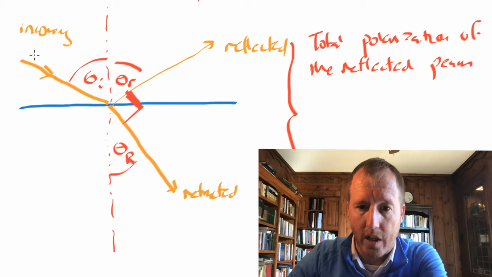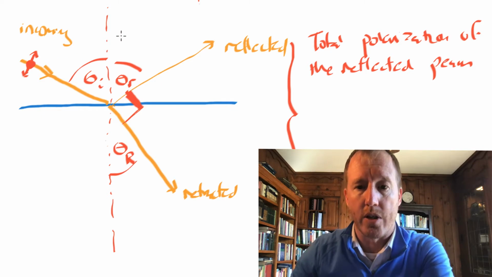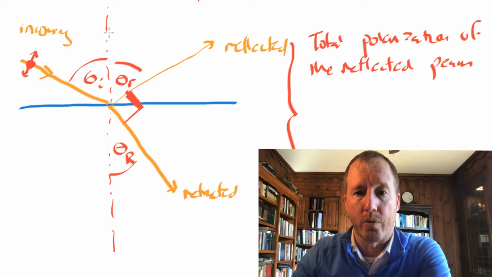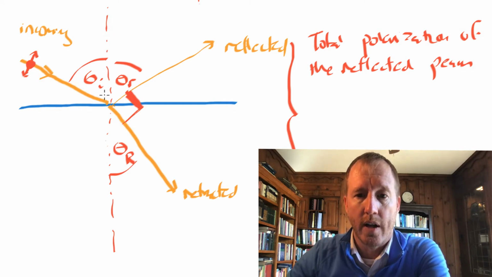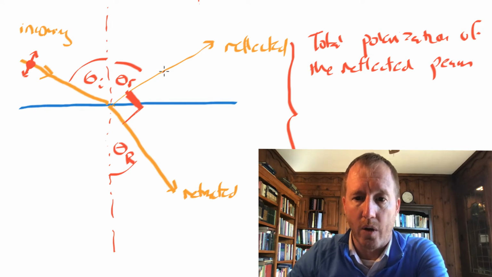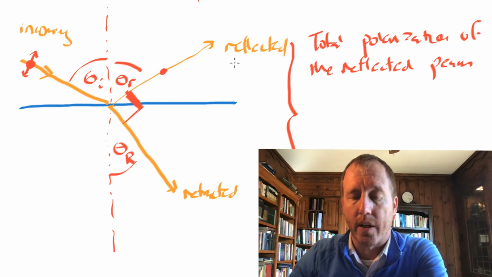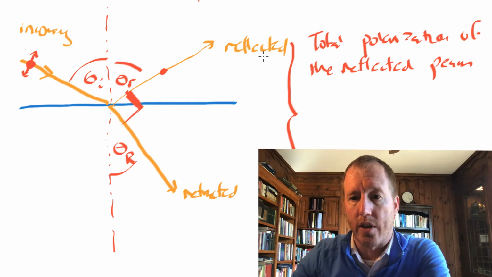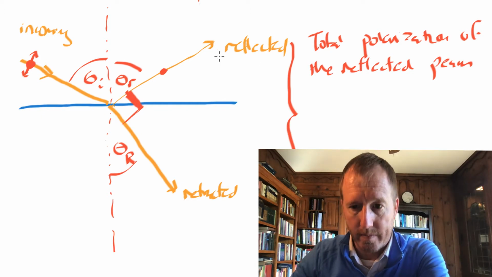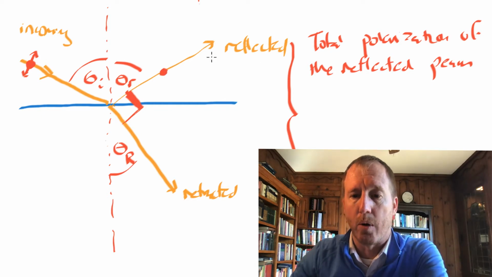If the incoming ray had polarization that was vibrating in this direction and also into and out of the page, it's going to be hard for me to draw that, but this circle represents vibration into and out of the page. In other words, there's both transverse polarizations. Then the reflected ray only has polarization that is perpendicular to this plane that includes these three arrows. So this is totally polarized in this direction.